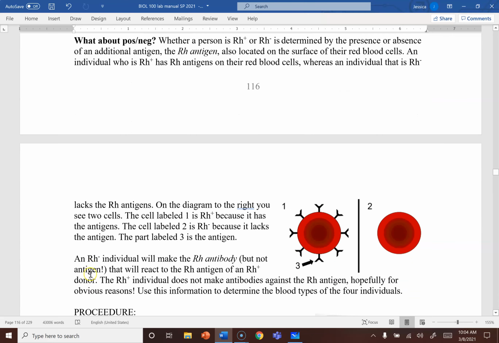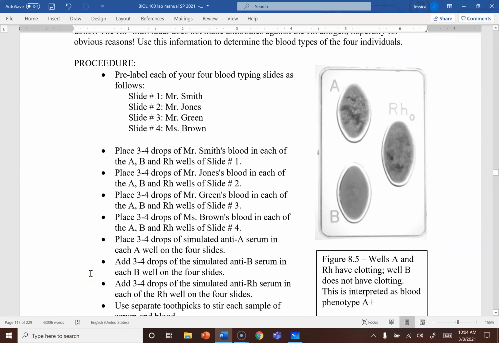So let's move on. We are going to ask you to do some blood typing here. Now, we've provided you with pictures in the data file for these blood typing reactions. So essentially what you are doing is you are attempting to make a clotting reaction. You are attempting to make an antibody reaction.